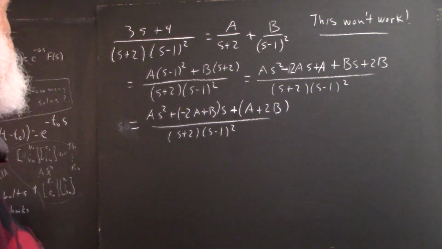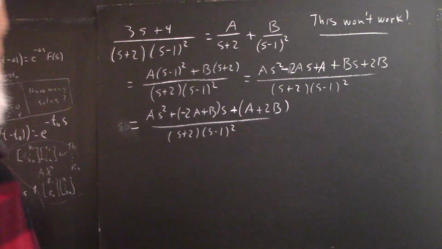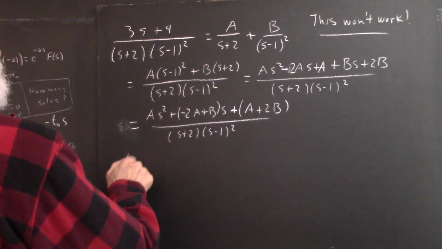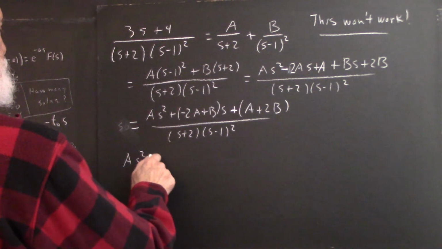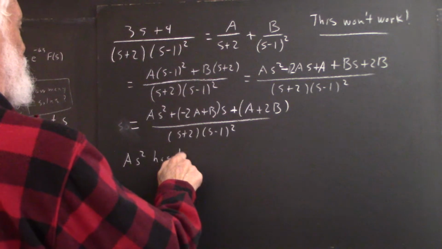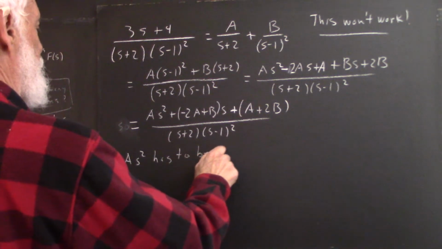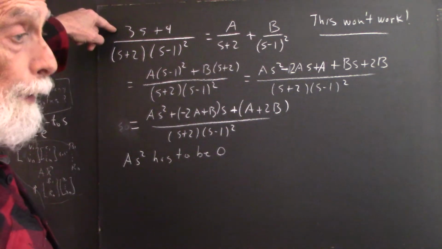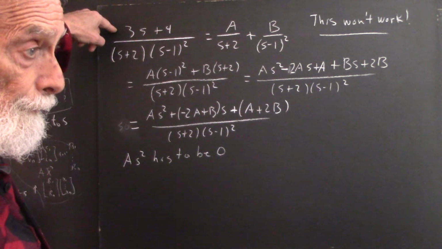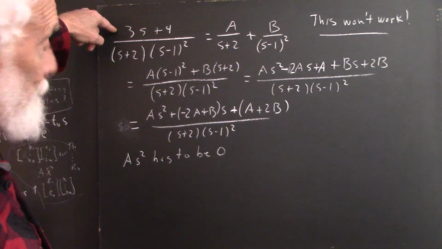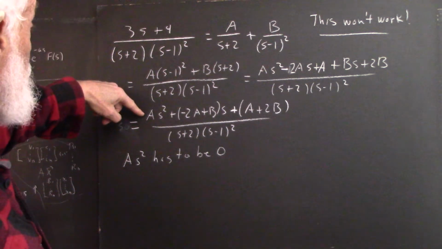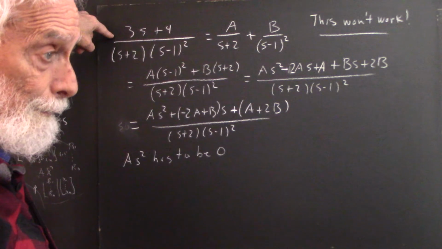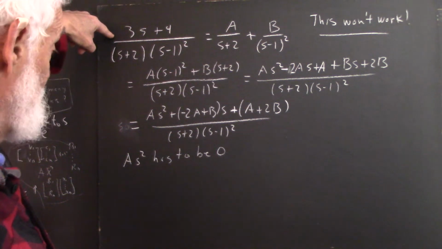Well, AS squared has to be 0 because there's no S squared up here. Okay? If A is anything but 0, this numerator is not going to match this numerator. Okay?